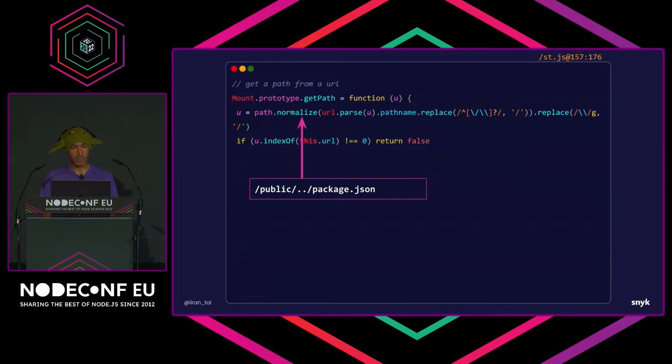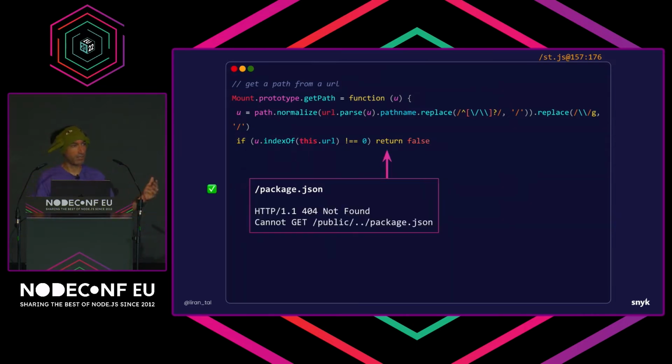So this normalize function takes this and turns it into package.json, which is the path traversal path. The next part of this ST module runs a conditional check that tries to see if there's an overlap between the requested URL, which in this case was resolved to /package.json, and what we have defined as the actual public path, which is /public. Because that doesn't satisfy the condition, it returns false, and we get a 404.